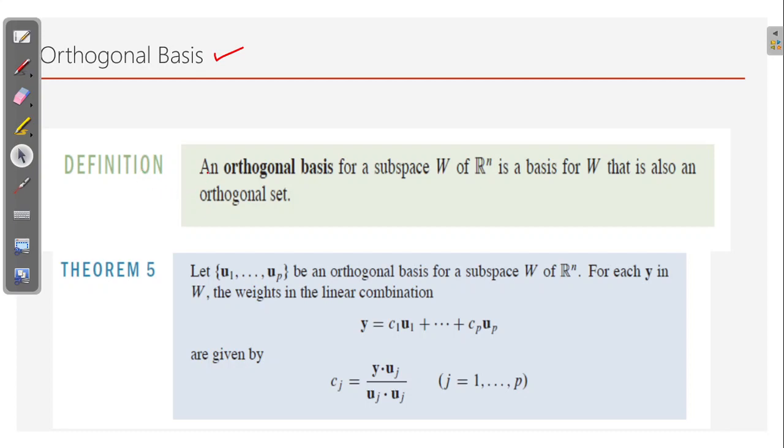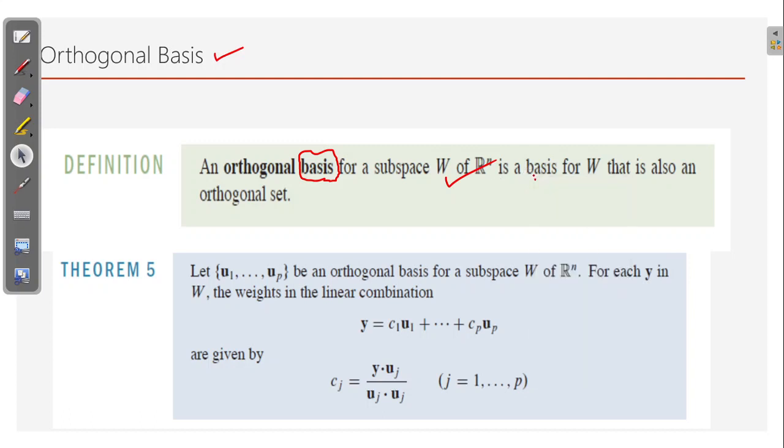An orthogonal basis is again defined for a subspace W of Rn, like your simple basis.